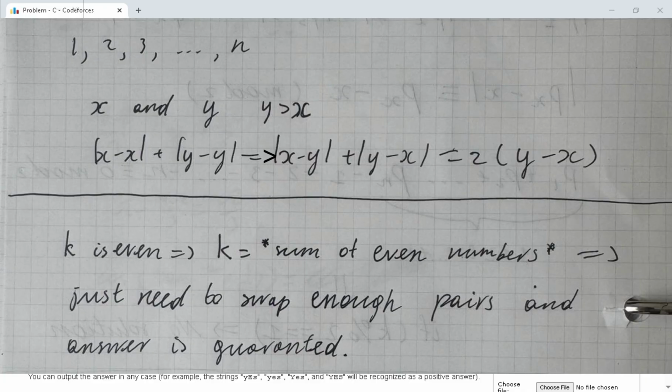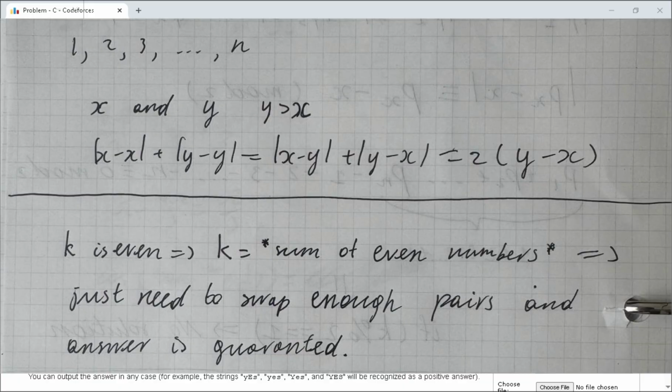Say we swap x and y, where y is greater than x. Initially the Manhattan value of these two is the absolute value of x minus x plus the absolute value of y minus y, which equals 0. If we swap them, we have the absolute value of x minus y plus the absolute value of y minus x, which, since y is greater than x, is 2 times y minus x.